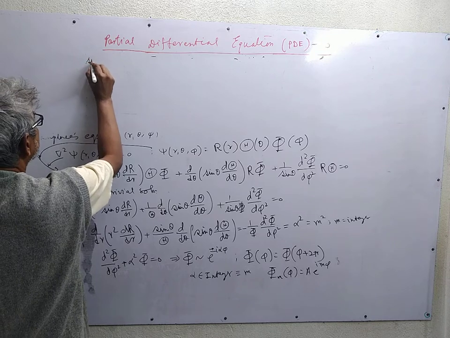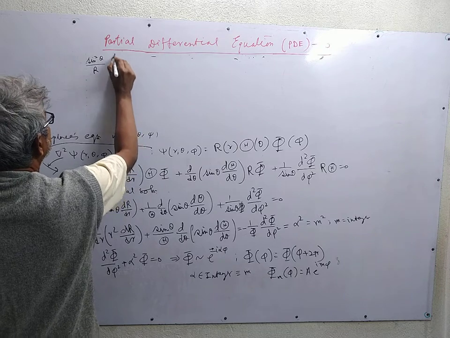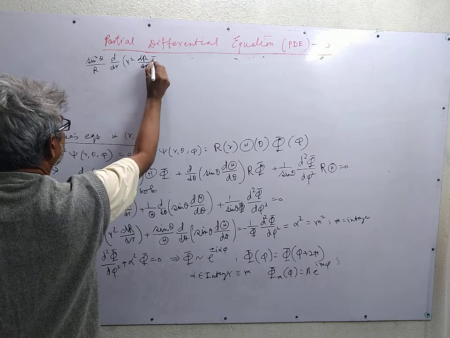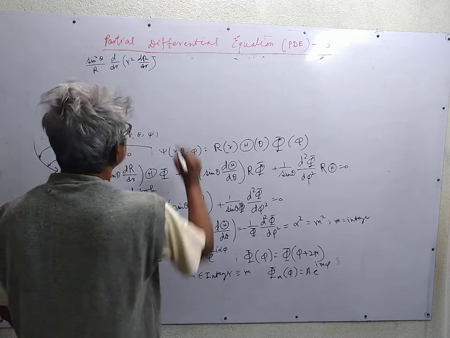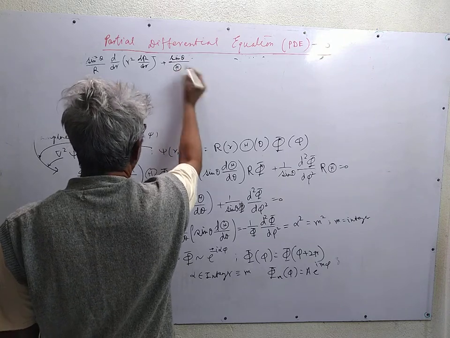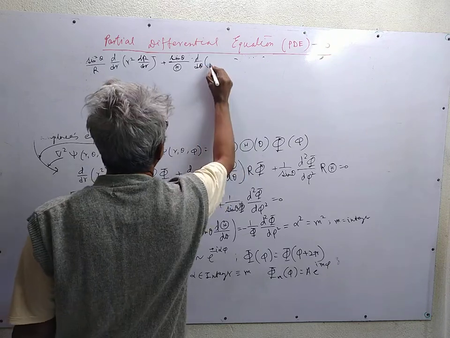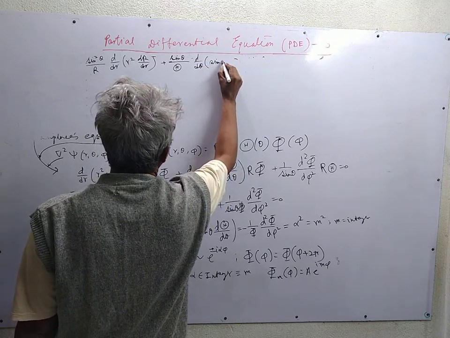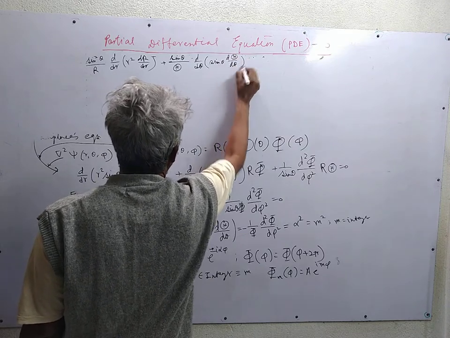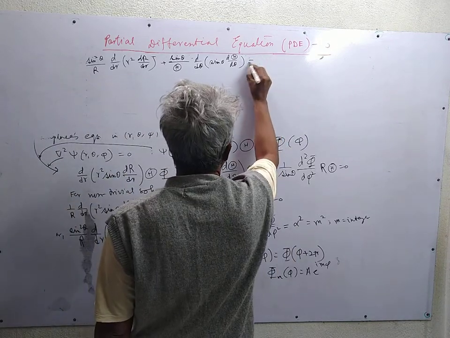This is sine square theta by R d dr of r square dR dr plus sine theta by Theta d d theta of sine theta d Theta d theta is equal to m square.